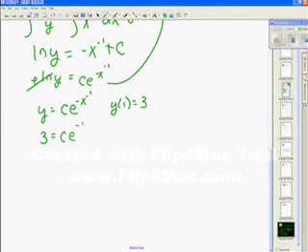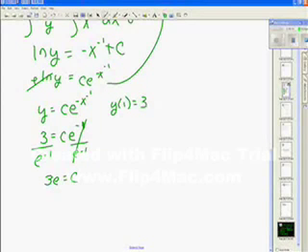Right? 3 equals c e to the negative 1. What do I do to solve for c here? 3e equals c. Right?